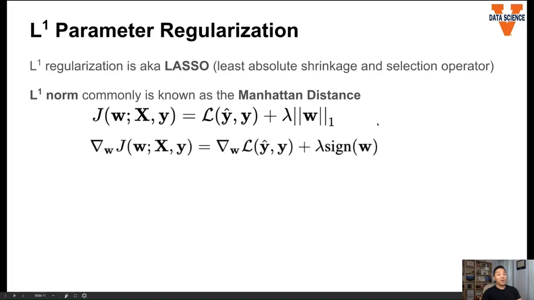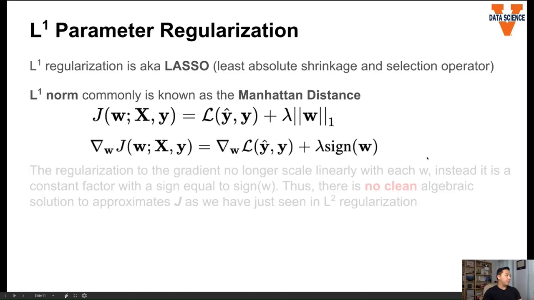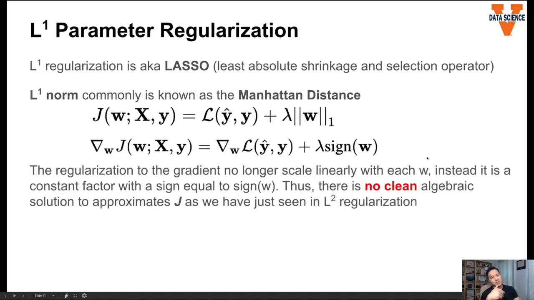And when you take the gradient of this loss function, you end up with two terms here. The gradient of the L1 norm is just the sign function of W. So it's slightly different because this gradient is no longer scaled linearly to the weight W. Instead, now it's a constant factor with a sign equal to the sign function of W.